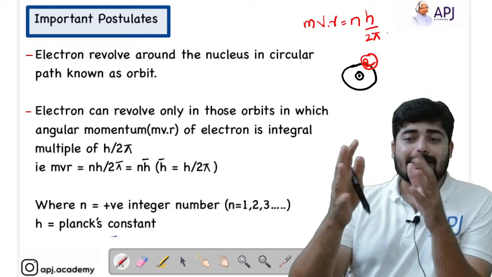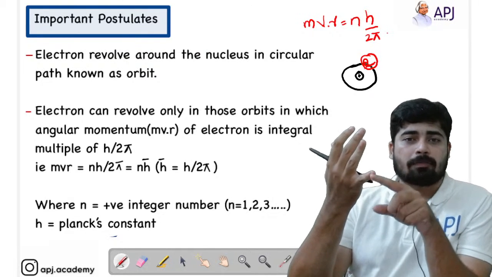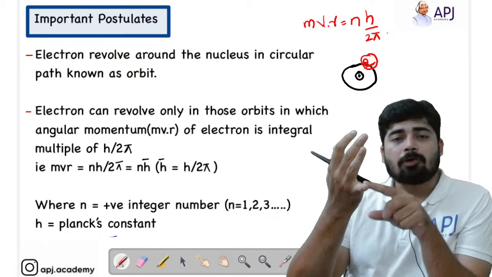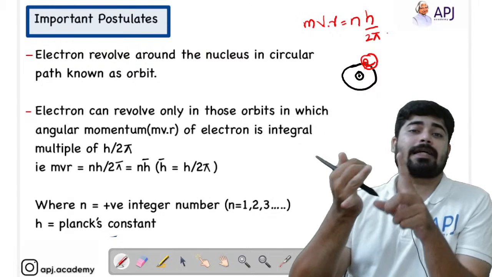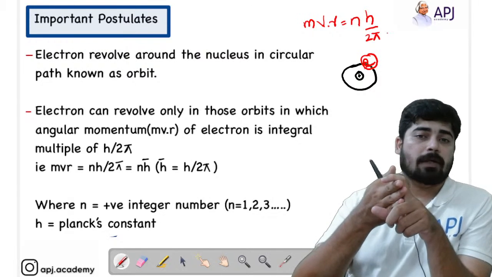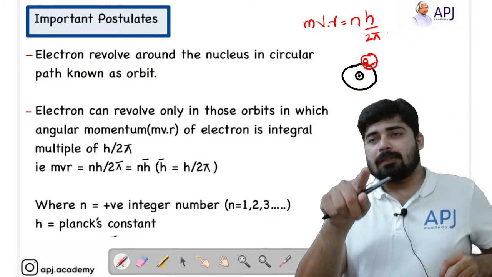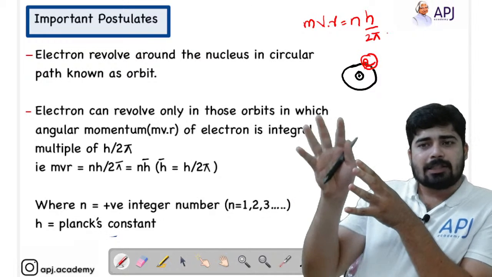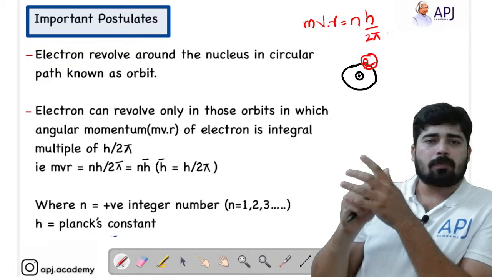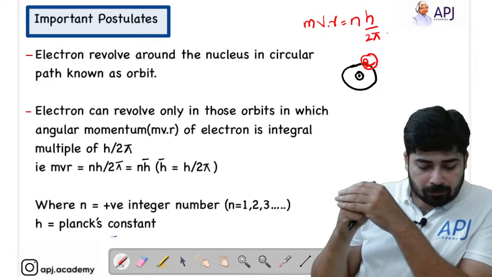He said that there cannot exist an electron in an orbit whose angular momentum is 1.5 h by 2 pi, 2.3 h by 2 pi, 4.5 h by 2 pi. That is not possible. He told that it should be an integral multiple. h by 2 pi is a constant value. h is Planck's constant, and 2 pi is another constant.